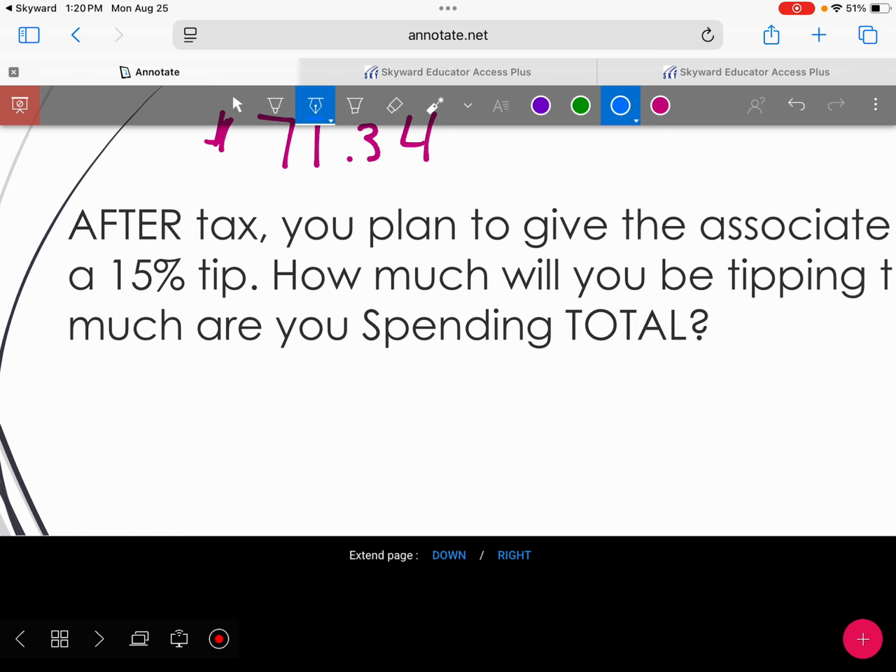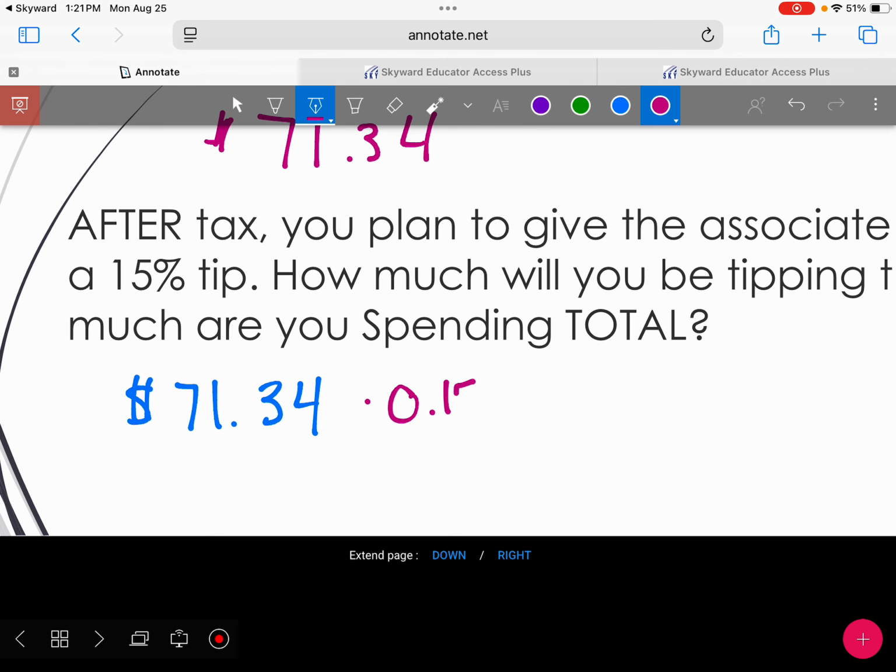Okay, let's take a look at this. If we have our total of $71.34 and we want to find a 15% tip, how are we gonna do that? If you're gonna find 15%, you gotta multiply it by 0.15.